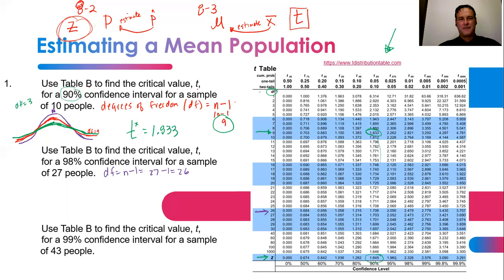I'm pointing it out in my far left-hand column. And 98% is to the right on the bottom. And if I scroll up, it looks like 2.479. Looks good.